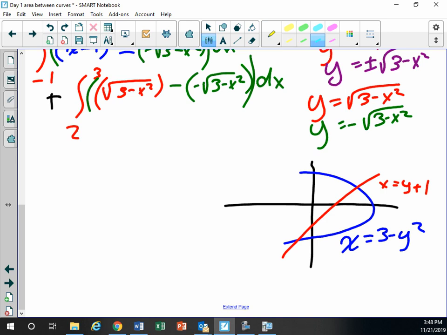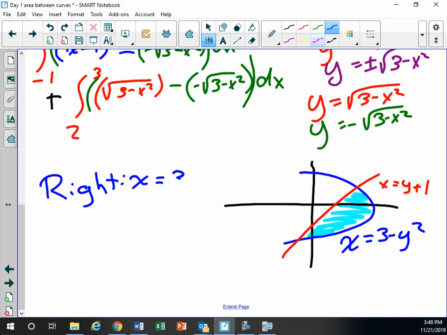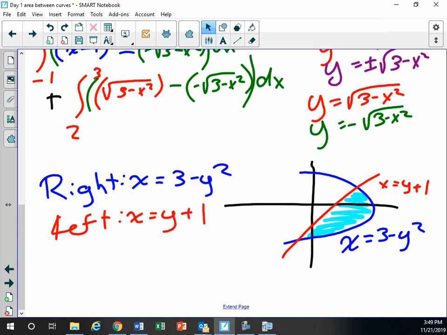Now, ladies and gentlemen, I literally just care about this. If you think about it, if I'm going right minus left, the right is the blue. The red is the left. I care about where they intersected. These are the 2 points that I cared about. This was -1, -2.